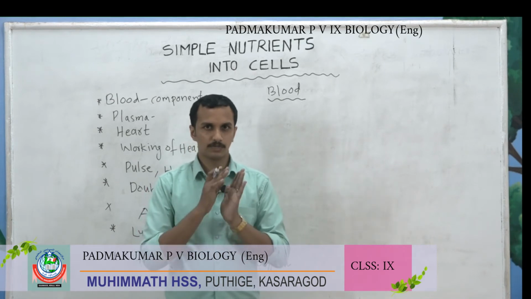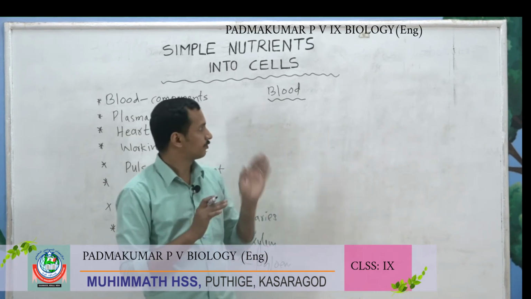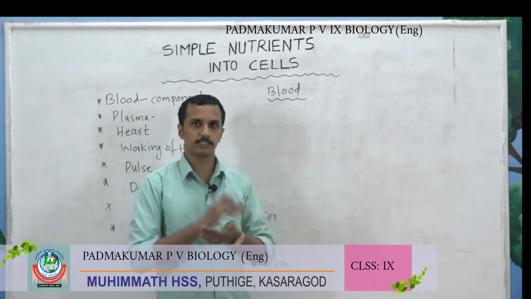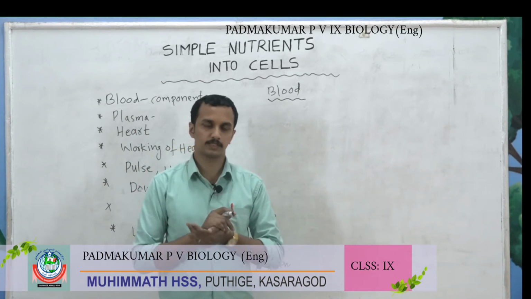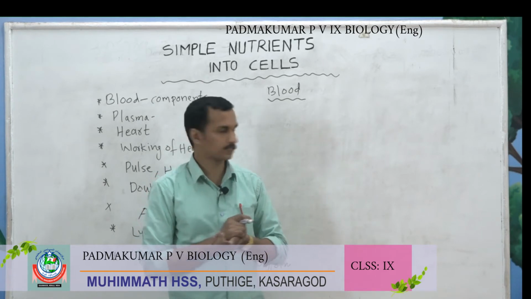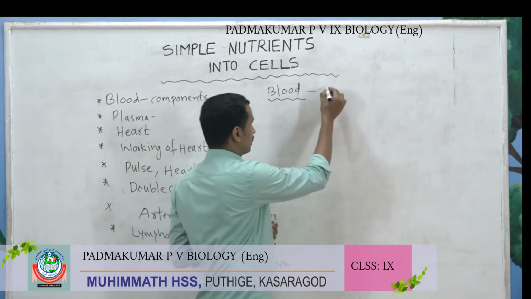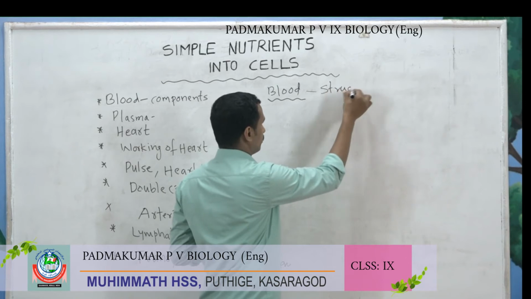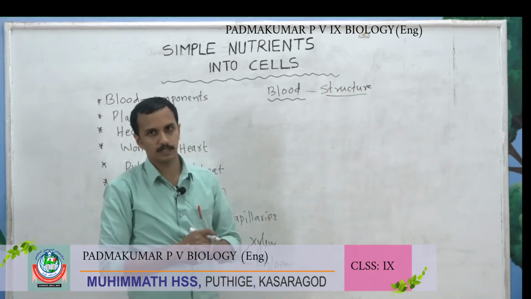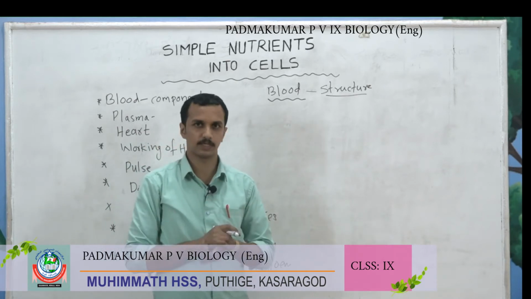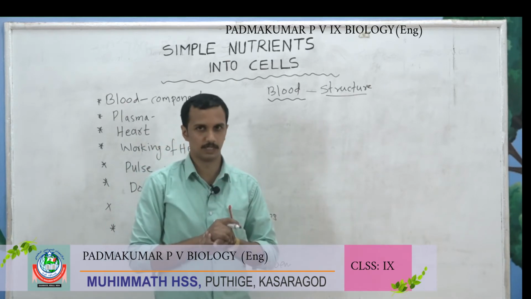Now in order to understand the different mechanisms, different functions performed by blood, you have to learn the structure of blood. So structure of blood is included in your syllabus.